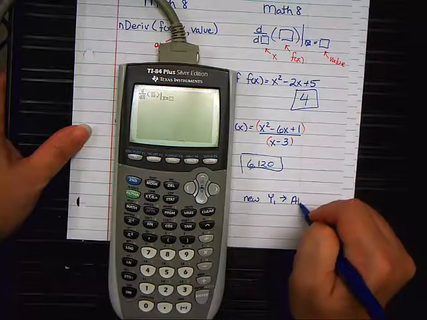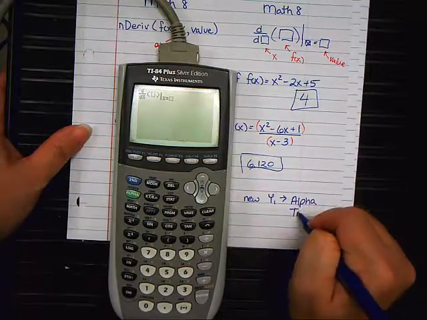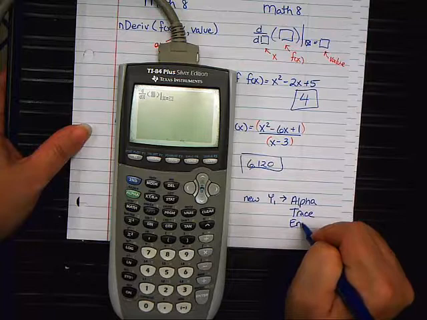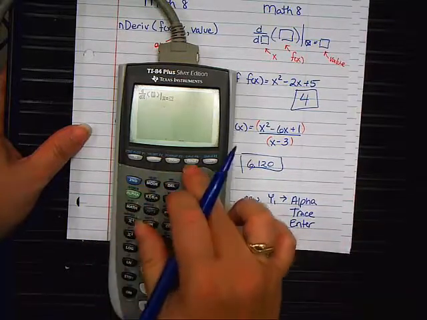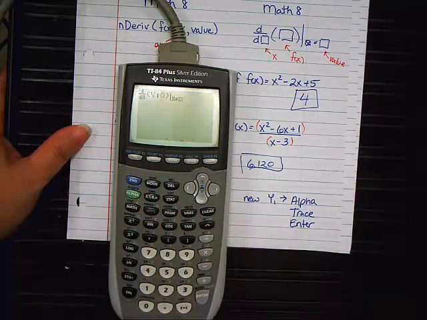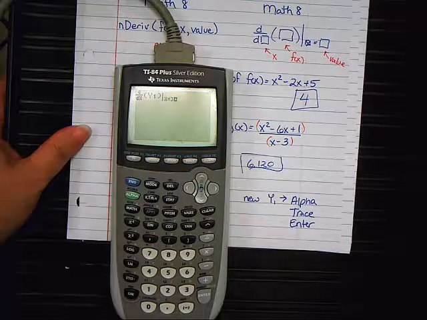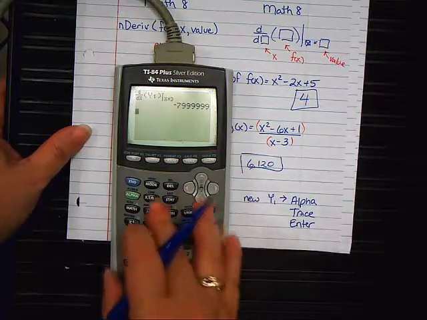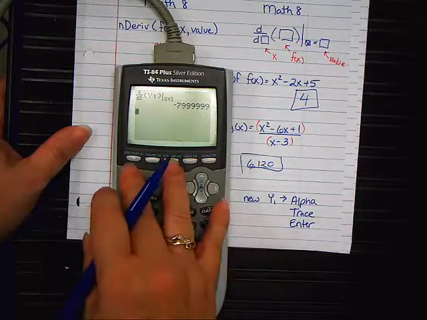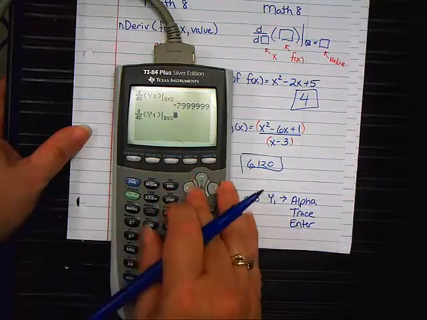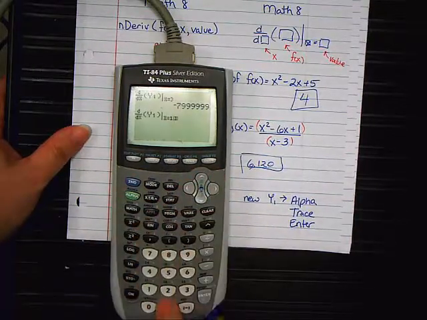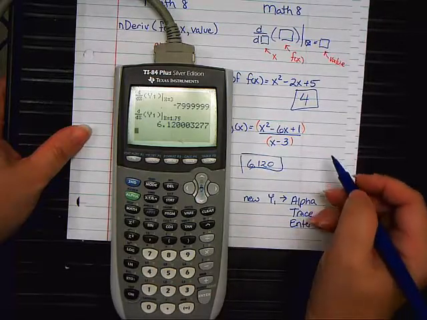You push alpha, you push trace, and you push enter. So we're going to push alpha, trace, enter. There it is. There's the y1. And then right arrow over, put the 3 in there, so you didn't have to type in that yucky fraction. Whoa, what did I do wrong? You put 3 instead of 1.75. Oh, that's right. So second enter. Let's go back. 1.75. There we go. That's why I got the wrong answer.